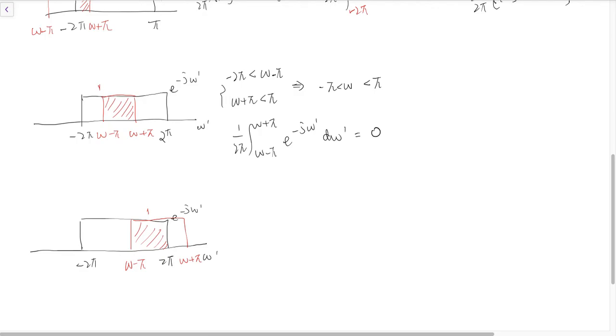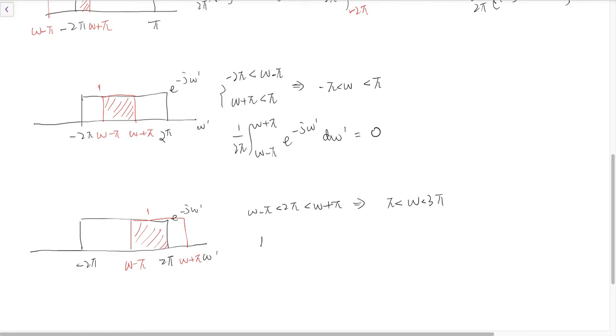So this interval is when omega minus pi is smaller than 2 pi, which is smaller than omega plus pi, which is from pi to 3 pi.